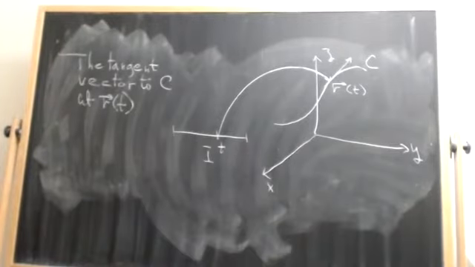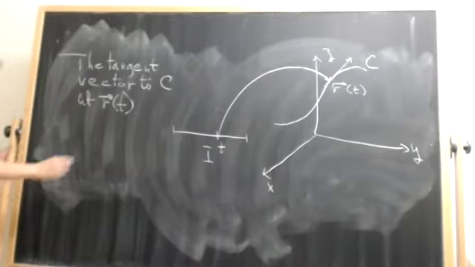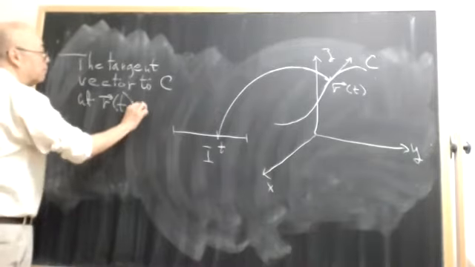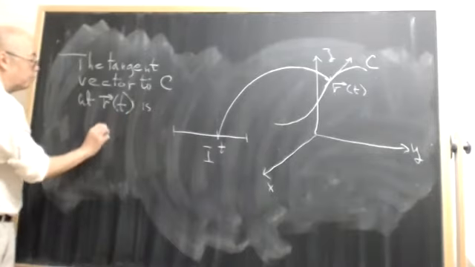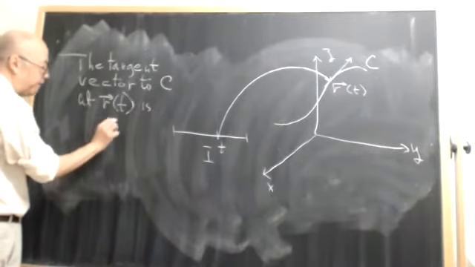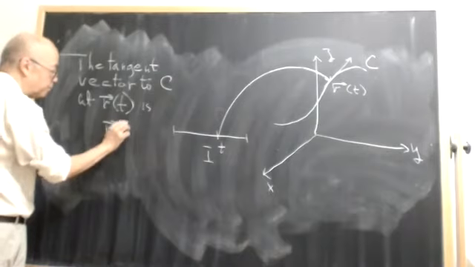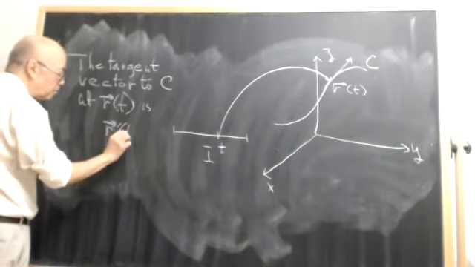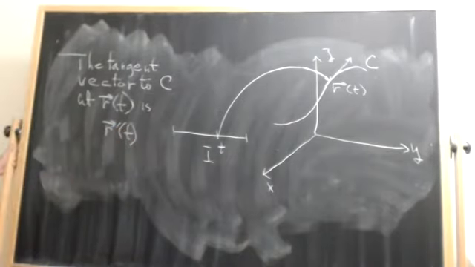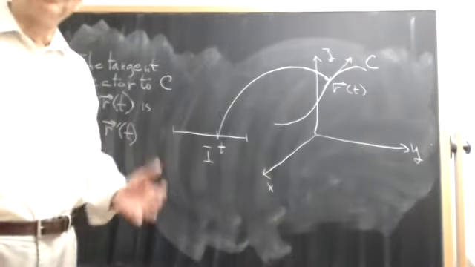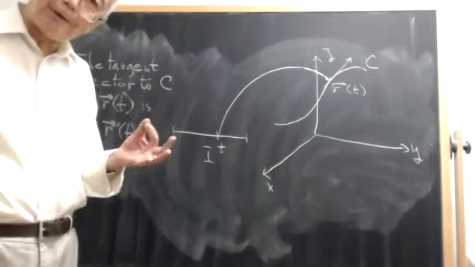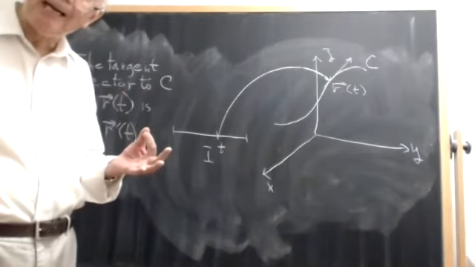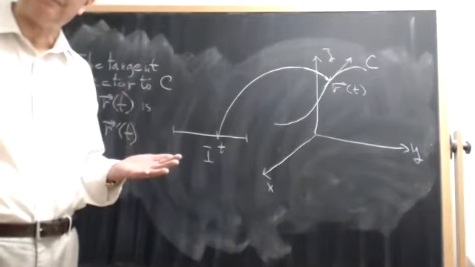It is simply the derivative of the vector. So this tangent vector has a length and a direction.